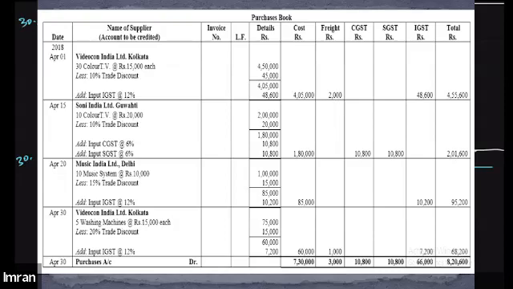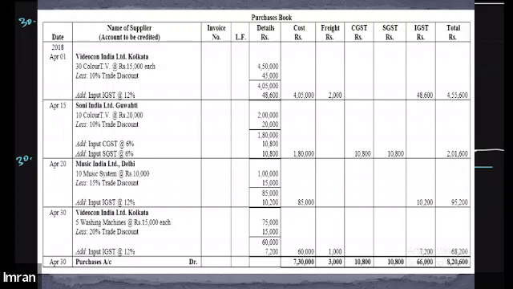But apart from the details, we have shown all the elements in different columns. The total value of the goods that we have purchased, like on 1st of April, we have bought goods, the cost price of which is 4,05,000. On this, freight has been charged 2,000. Upon this, IGST is applicable 48,600. So in this particular presentation, every element of the cost has been shown in a different column.